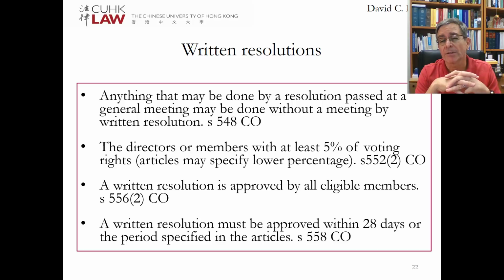So you can see how the written resolution tool for a larger company with a great number of members is not going to be used a lot, because a single member may prevent the resolution from being adopted. We leave the written resolution out in circulation for 28 days, and if not approved by that time, the resolution will not go through. And directors will normally propose the written resolution, but also at 5% of a threshold, members may do the same.